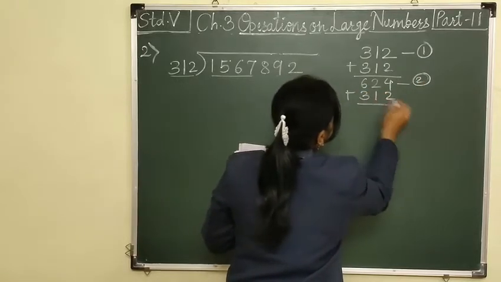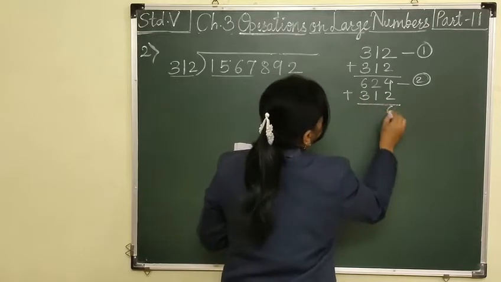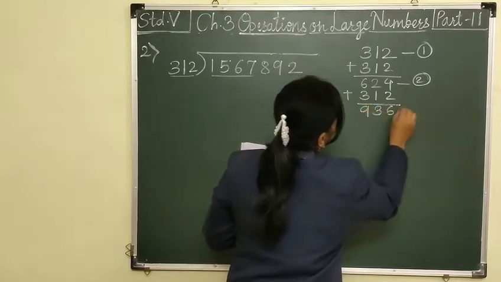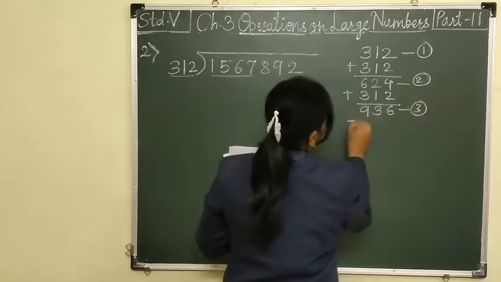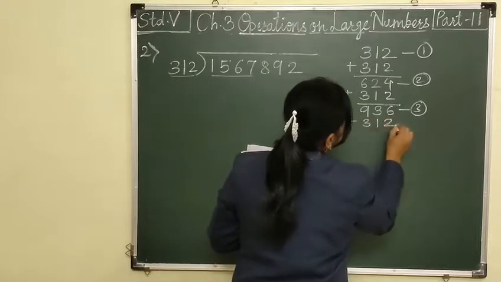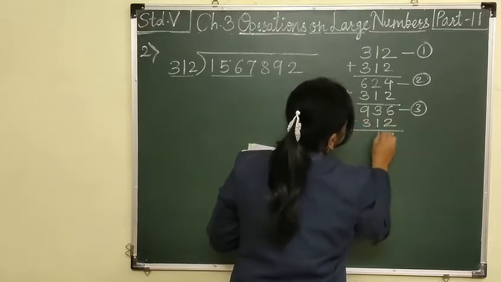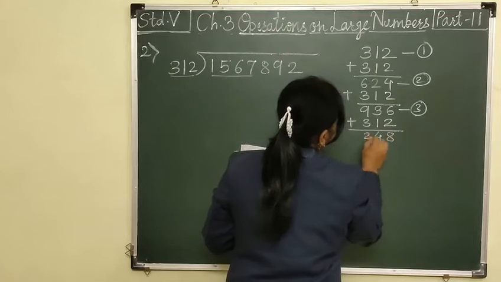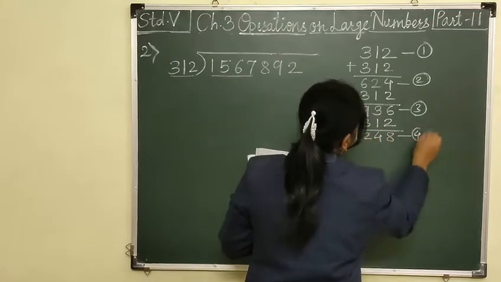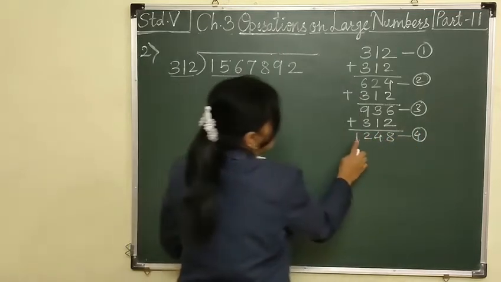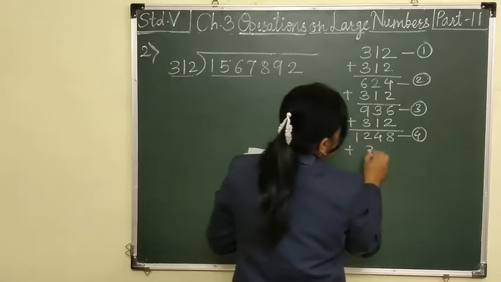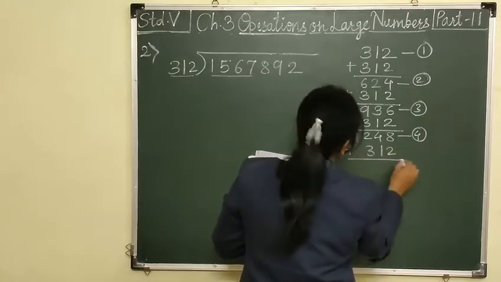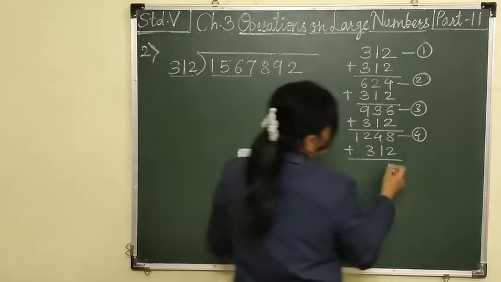Add again 312. This is 3s. This is 4s. See there, here 1, 5. Here it is 1, 2. Again I will add 3, 1, 2. I should get exactly this number or greater than that.